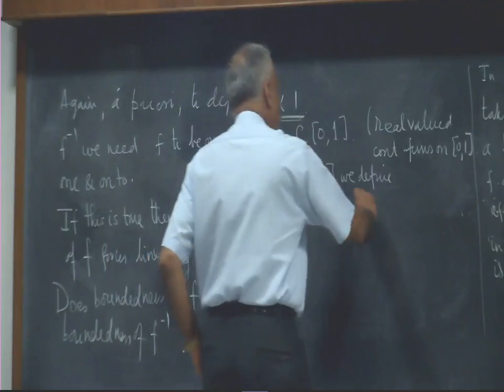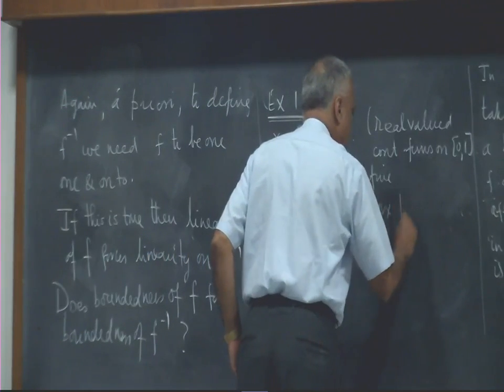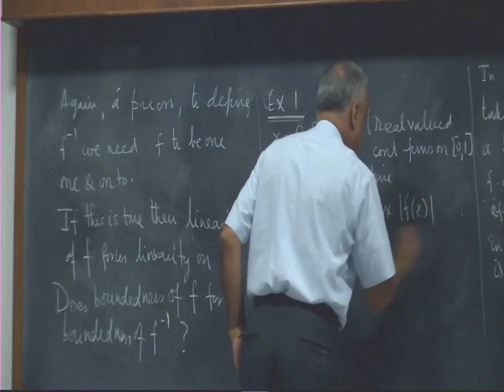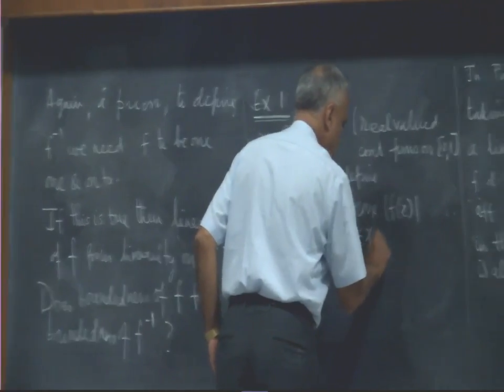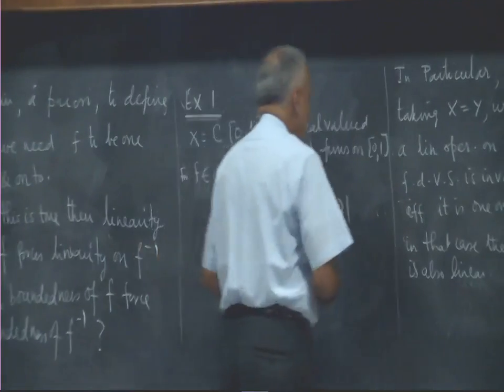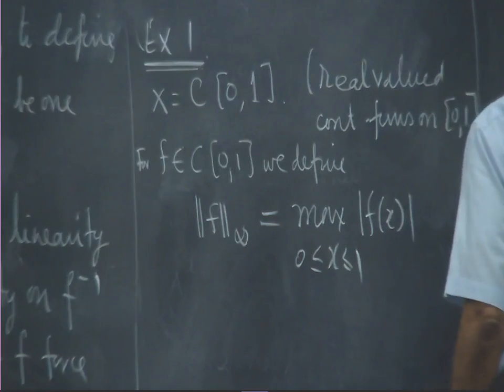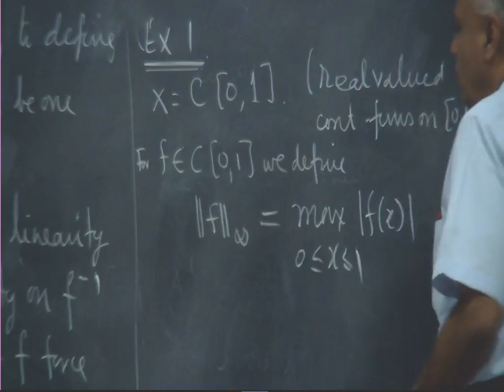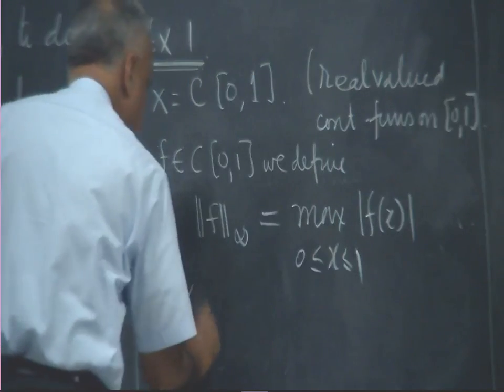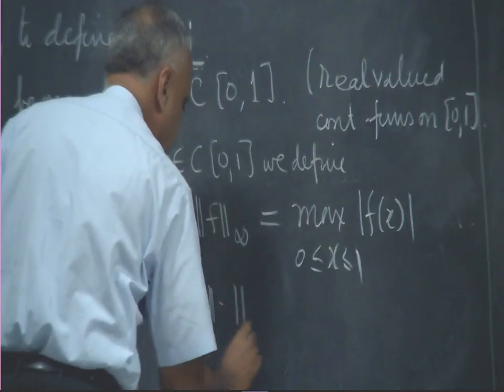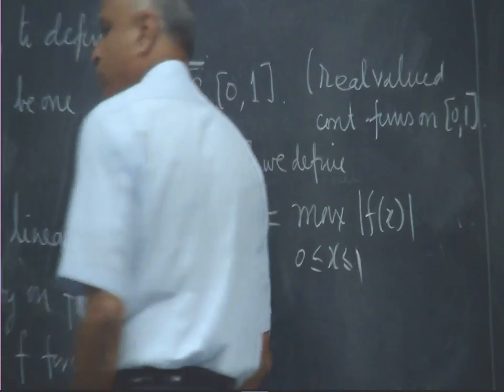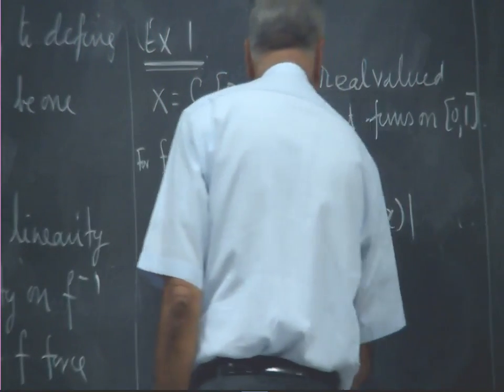So we define it to be the maximum of the modulus of f(x) as x varies between 0 and 1. So the normed linear space that I am looking at is this space. Let me take this also to be y.